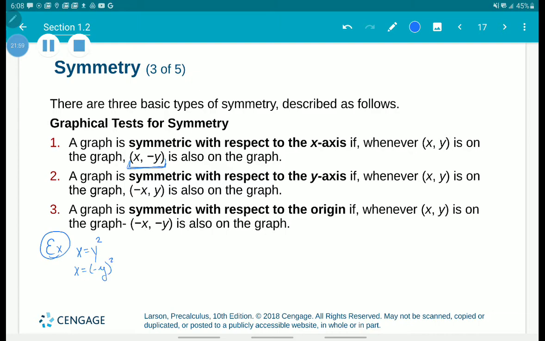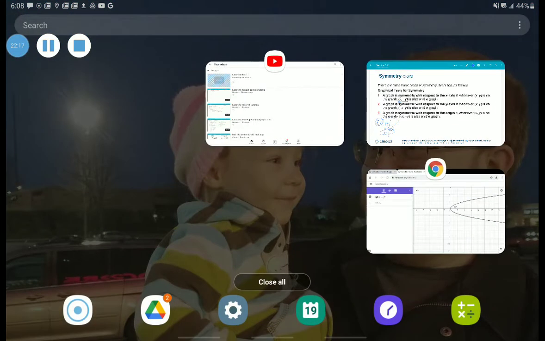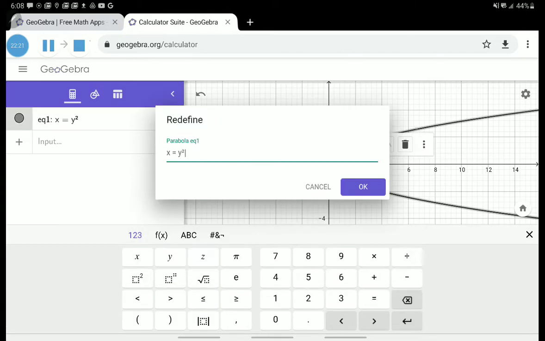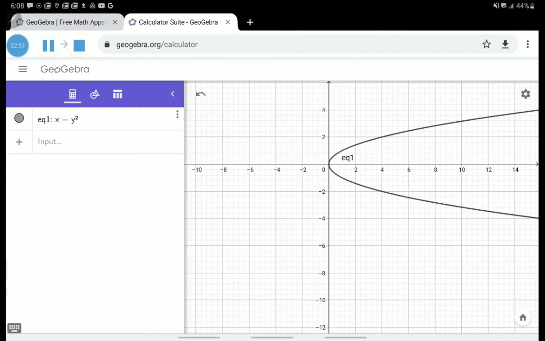If it's symmetric with respect to the x-axis, then we should get the same equation out. And if we substitute in negative y squared, it's negative y times negative y, which is a positive y squared. So we do get the same equation out. And all that's saying is that any point that's up here on this graph has to also live down here on this graph. You can see how it's changing those y values.